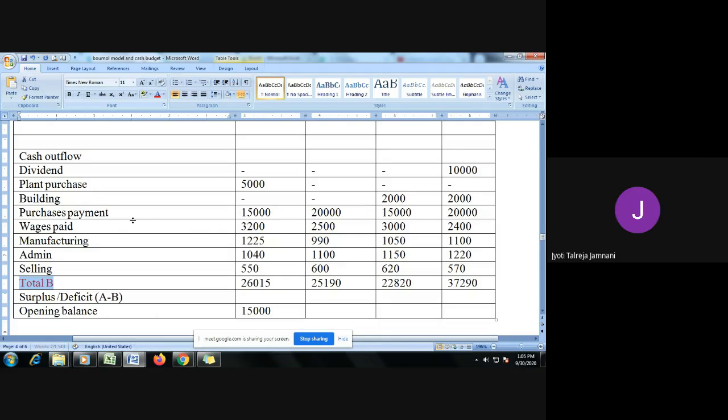So from 30,000, you have to minus 26,015. So your surplus or deficit is 3,985. So this is your first answer that will be seen. Okay, then 35,000 minus 25,190, you get 9,810.